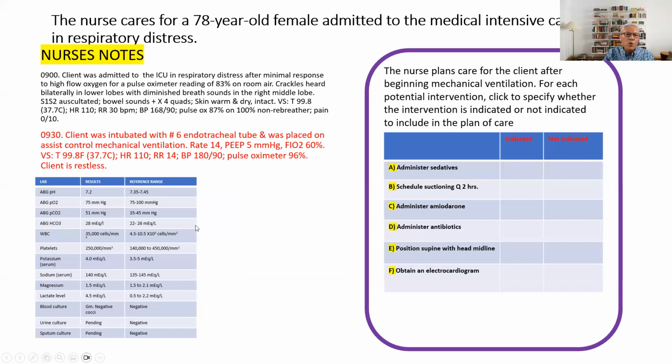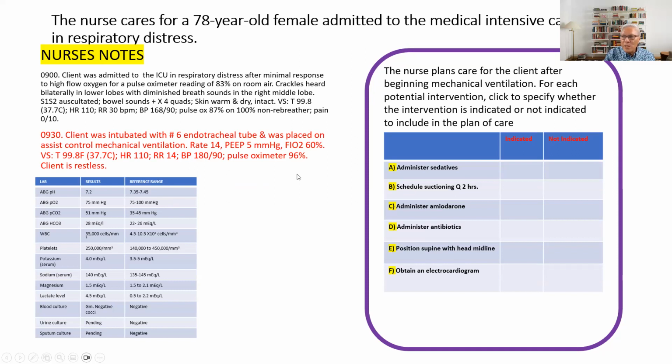All right, so it is asking you now whether or not the intervention is indicated or not indicated. Because at 9:30, the client was intubated with number 6 endotracheal tube and was placed on assist control mechanical ventilation with a rate of 14, a PEEP of 5 millimeters of mercury, and an FiO2 of 60%.